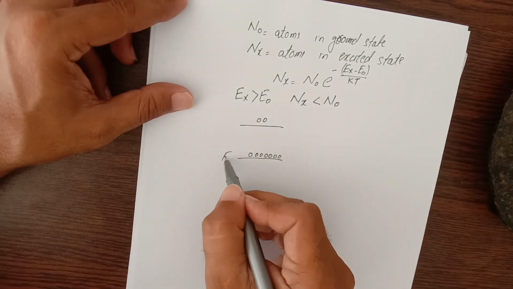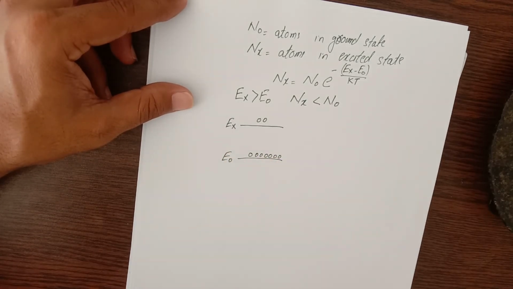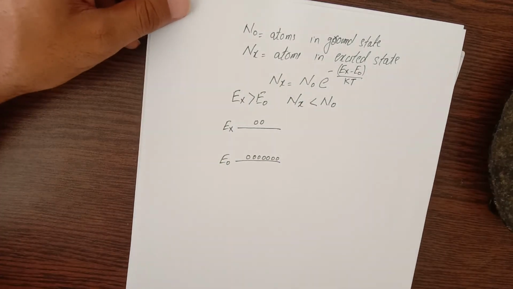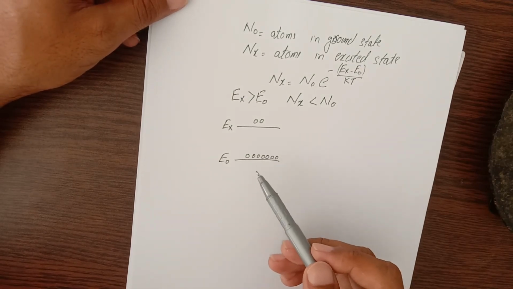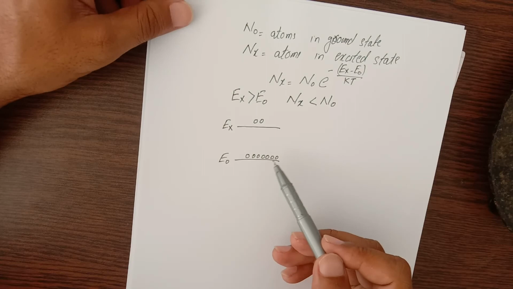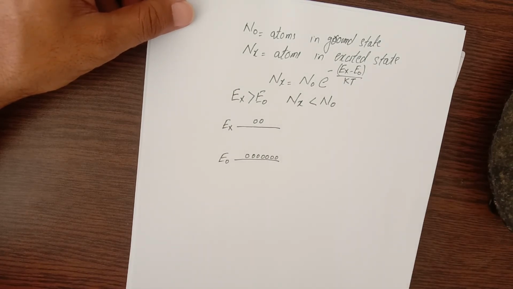This is the ground state and this is the excited state. Now if we increase the temperature, due to thermal agitation some of the electrons from the ground state will move towards the excited state.